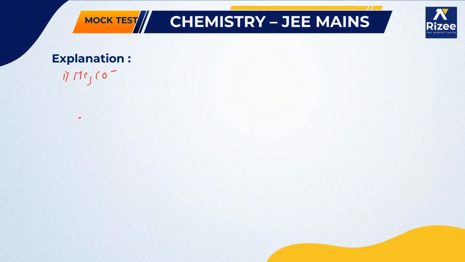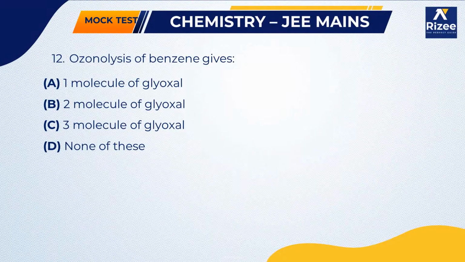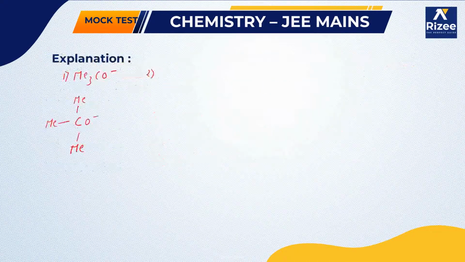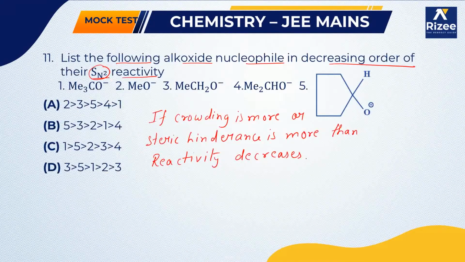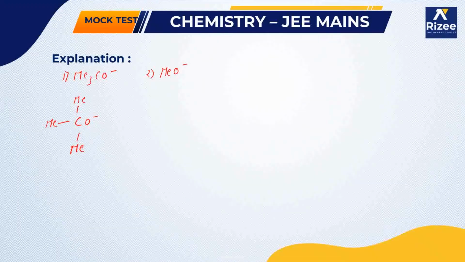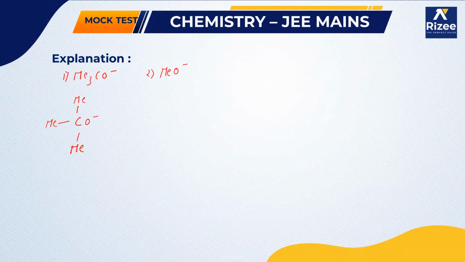We can write this as CO minus with one methyl group, another methyl group, and another methyl. What is the second one he has given? MeO minus. So we can write it as methyl O minus.